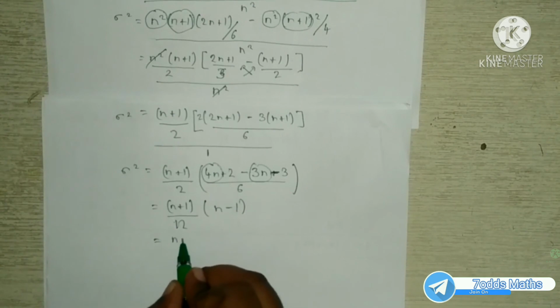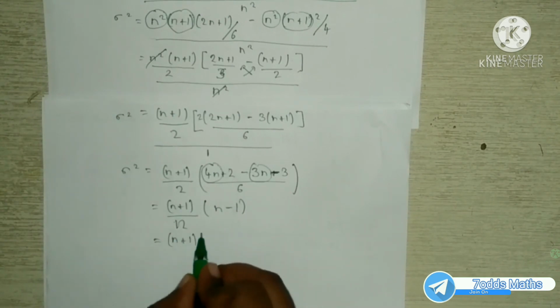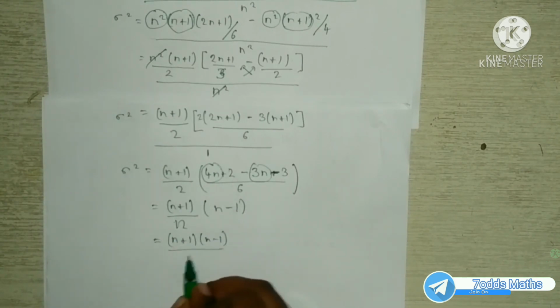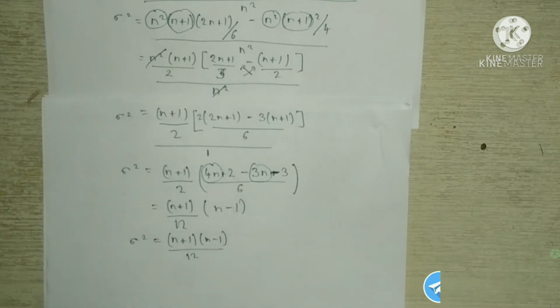You will get n plus 1 into n minus 1 all divided by 2. Sigma square is equal to n square minus 1 all divided by 12. This is the variance of the first n natural numbers. Thus it is simplified.